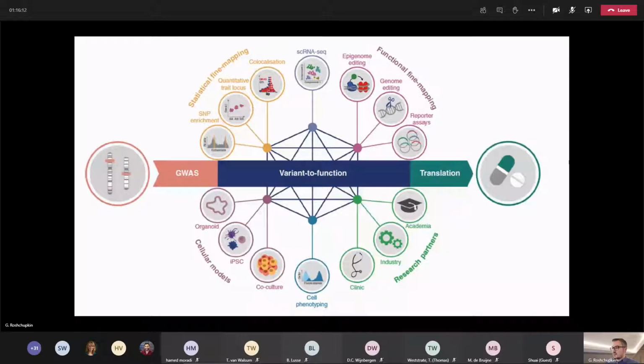This is quite a novel area of research; it has been just 15 years since the first such analysis. On this picture, it's a huge field with a lot of various approaches involved, but the major idea is moving from the DNA mutation to understanding its functionality, and potentially to translation into drug development and clinical practice.